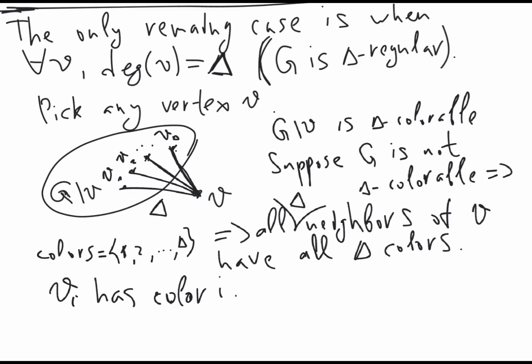Since there are delta vertices and delta colors, we can enumerate them so that V1 has color 1, V2 has color 2, and so on. V delta has color delta. So Vi has color i for all i.